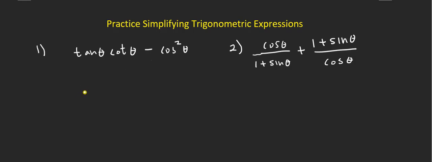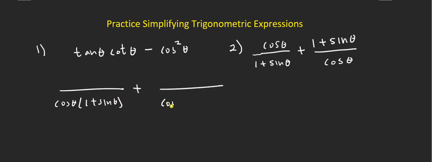Now let's take a look at number 2. If you take a look at number 2, what is the common denominator? The common denominator is cosine theta, quantity 1 plus sine theta. So how do you get from 1 plus sine theta to this?